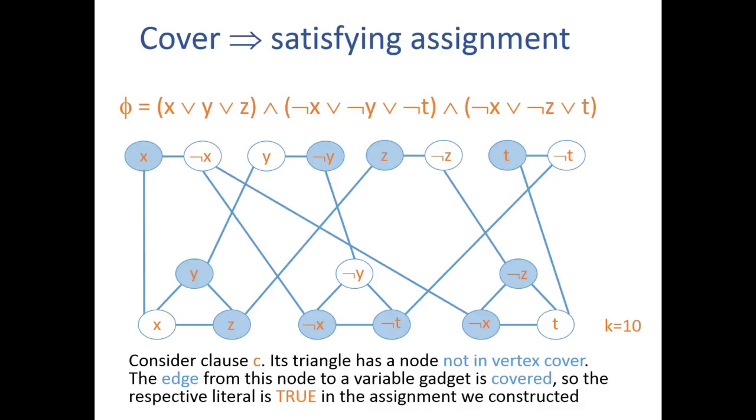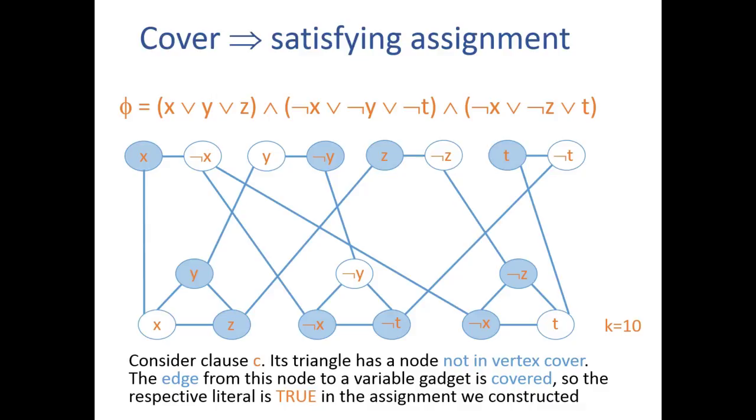So for each triangle, we pick an uncovered node. We look at the value in that node, and this is x, not y, and t. And we claim that this value is actually the literal that satisfies this clause. So this clause is satisfied because it contains literal x. This clause is satisfied because it contains literal not y.